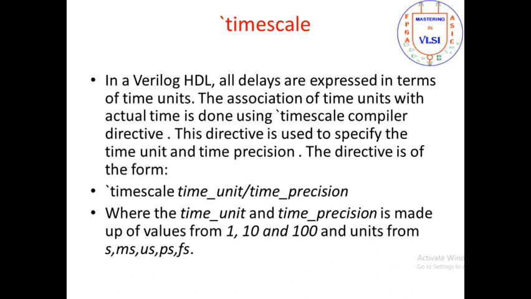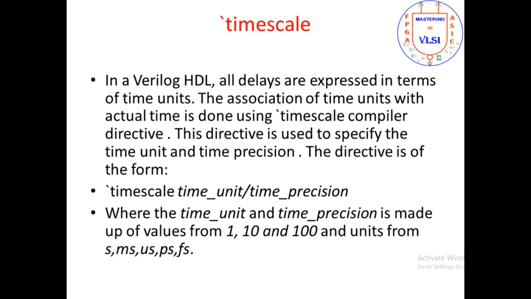In Verilog HDL, all delays are expressed in terms of time units. The association of time units with actual time is done using the `timescale compiler directive. This directive is used to specify the time unit and time precision.